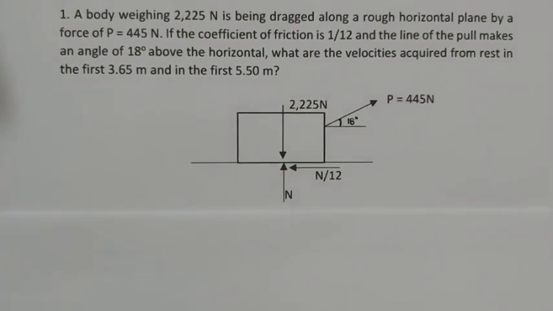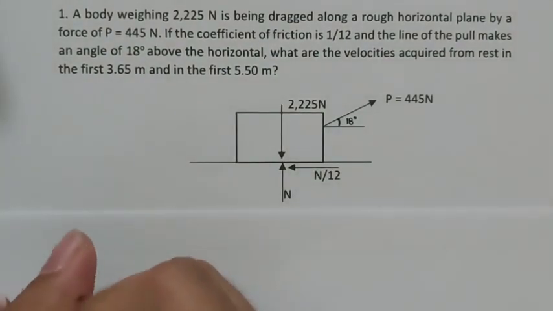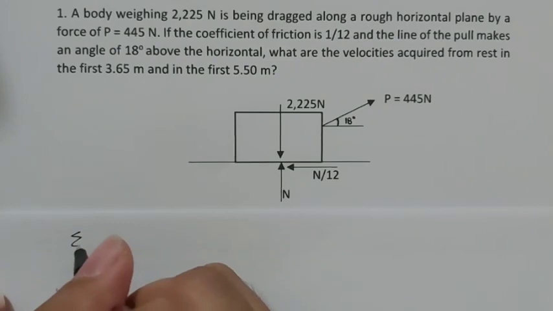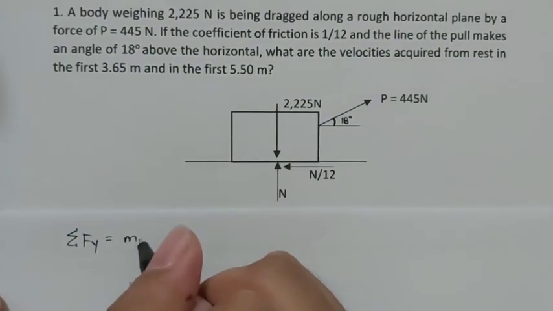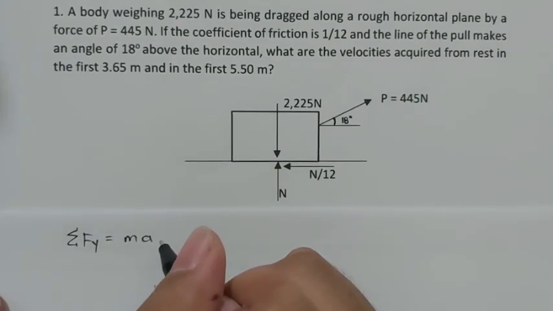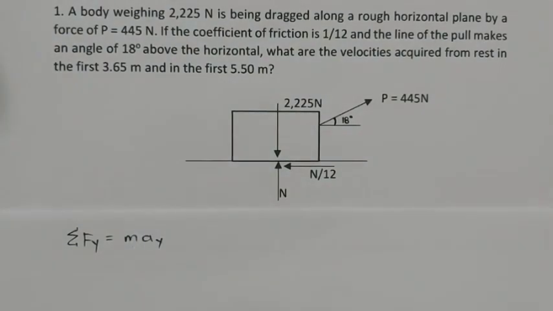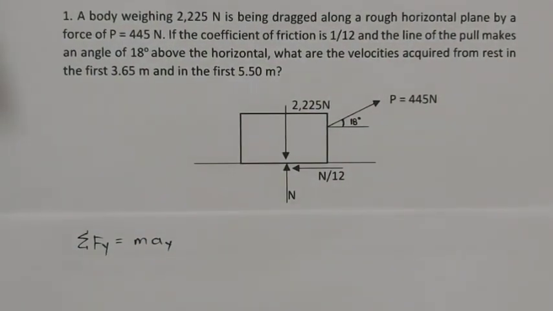So we can use a formula for summation of forces. Summation of forces along y is equal to mass times acceleration along y. The acceleration along the y axis is 0, so it cancels and it will be 0.